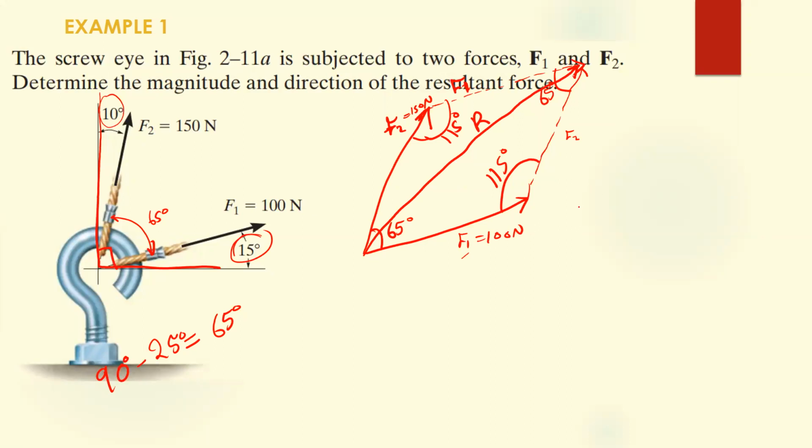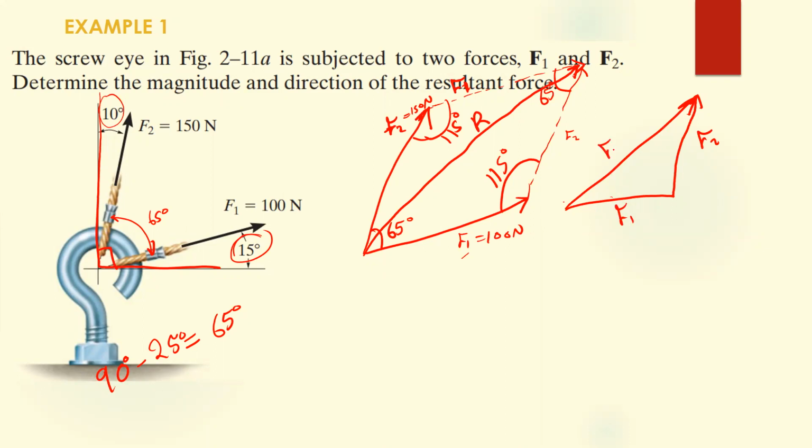So if I take the one on top, I'm going to have something like this, 150, and then I have another, okay, let me draw it properly. Or let me take the one down, still the same. I'm going to have the resultant vector there, then I have my F1, then F2 will also be there.